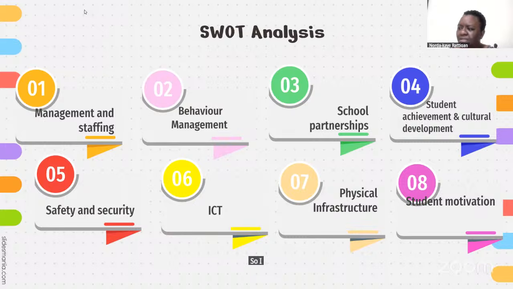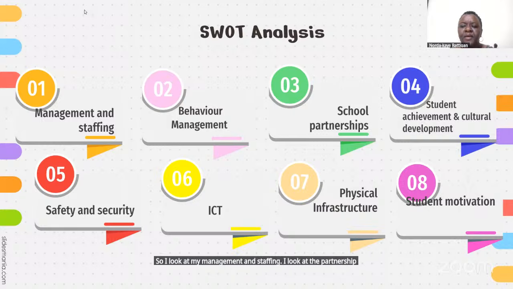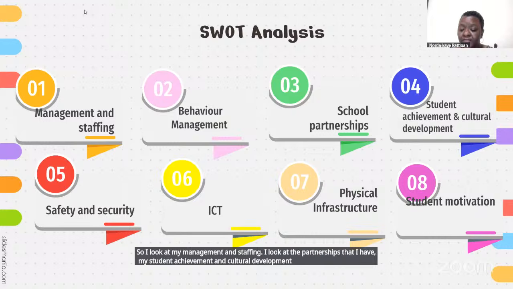So I look at my management and staffing. I look at the partnerships that I have, my student achievement and cultural development. I look at safety and security, the physical infrastructure of the school, the students, my ICT capability, and behavior management.